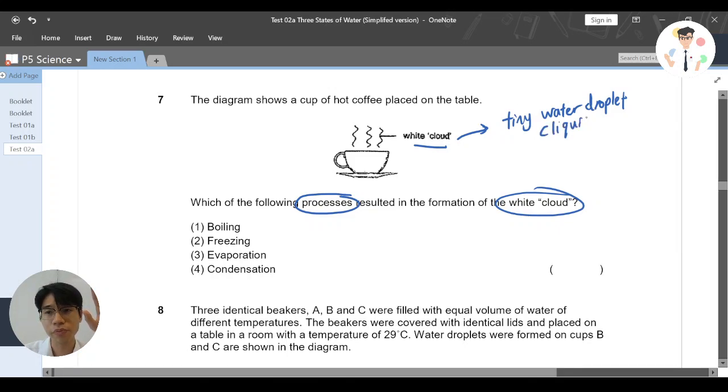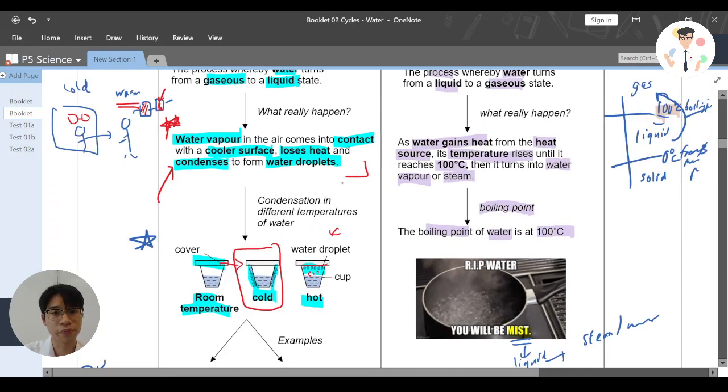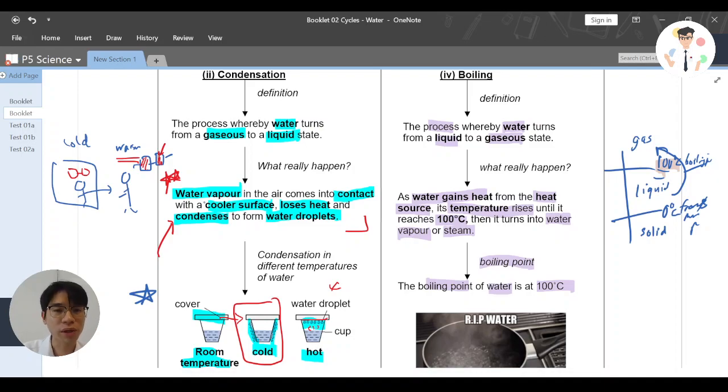But why? Now, look here. Turn back to your booklet. When the white cloud is formed, what happened is the warmer water vapor in the air comes into contact with a cooler surrounding. Not surface, in this case, cooler surrounding. And this warmer water vapor is from where?